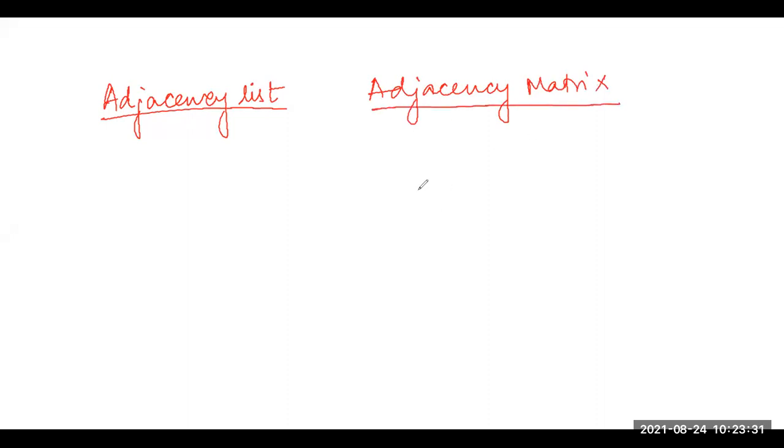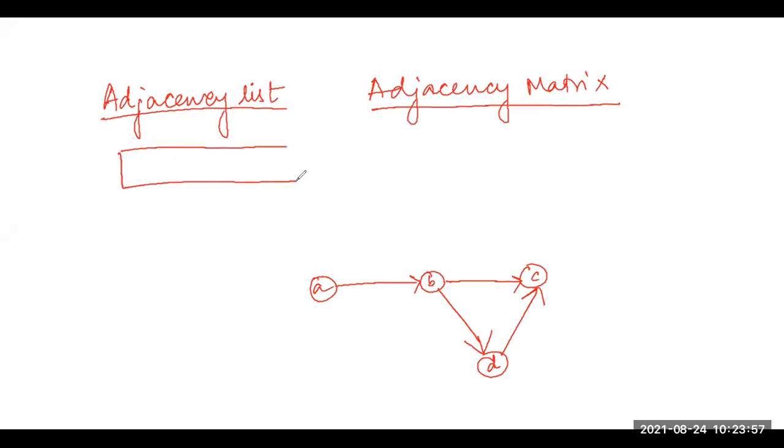Now, suppose this is the figure I am drawing. Fine. This is one figure. So first, in the adjacency list, I will draw how many nodes there are. I will first draw the nodes.